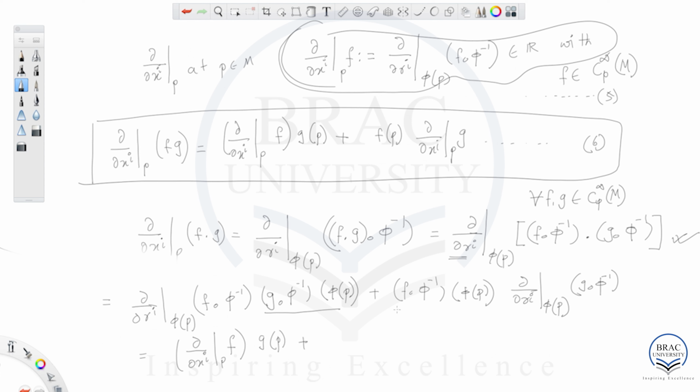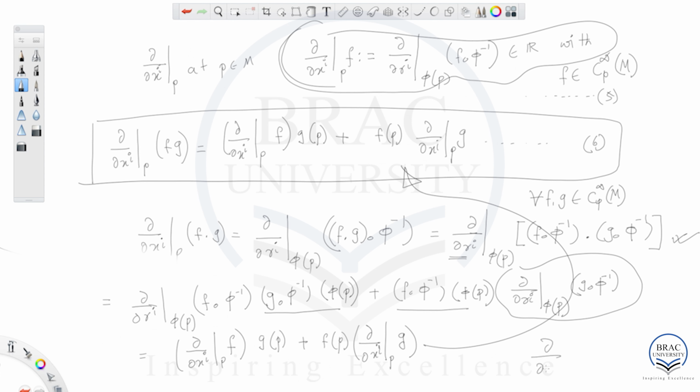And this is f(p) times, and this is nothing but ∂/∂x^i at p acting on g, which is what we needed to verify, right? This one. Okay, so we verified that these partials are actually point derivations.